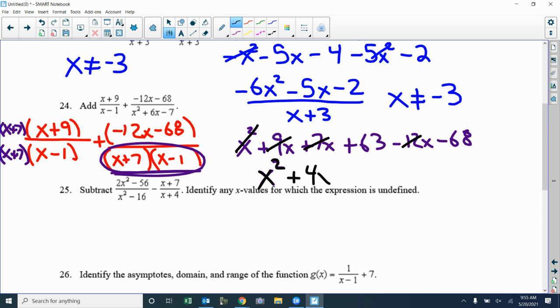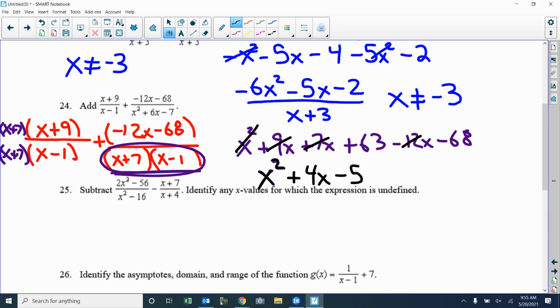We have positive 63 and negative 68, and that would give me minus 5. So there we have it. Of course, that would be over x plus 7 and x minus 1. Don't have to worry about anything that's undefined. Everybody feel okay there?